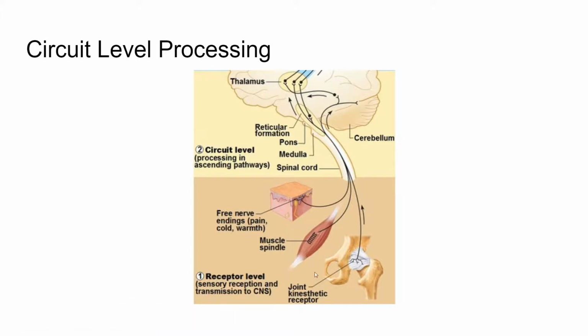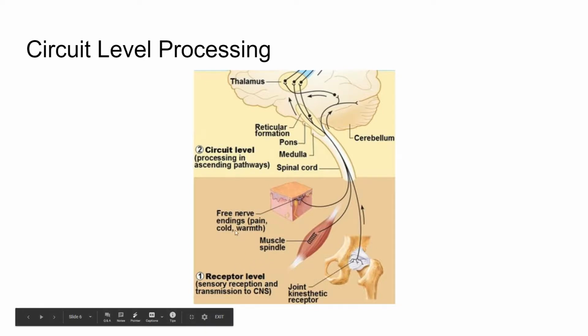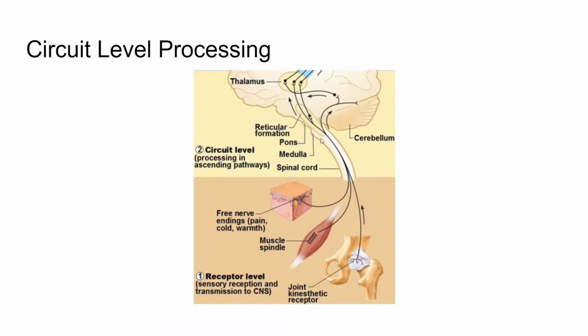There's first level pathway from reception to these nerves, and second level pathway is these nerves all the way up to the brain, and then the third level is actually going on in the brain. Third level neurons are going on in the brain.